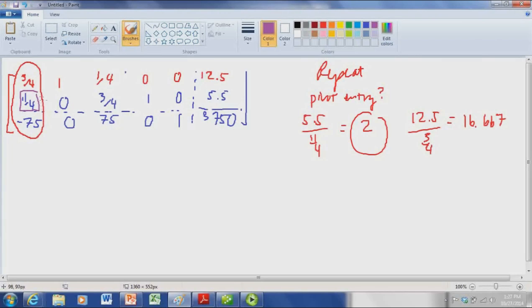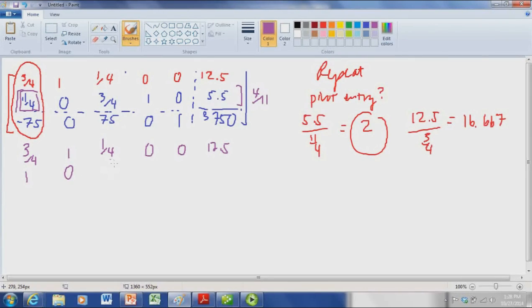So we need to make that a 1. So we take that entire row and we multiply it times 4/11. We're not doing anything to the first row. Let's see, 0, 0, 12.5. This row, dividing by 11/4.